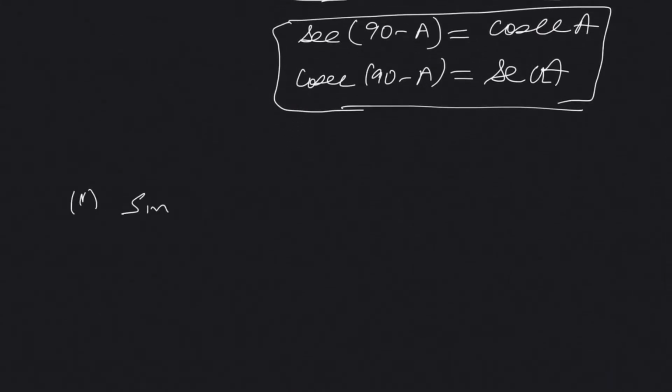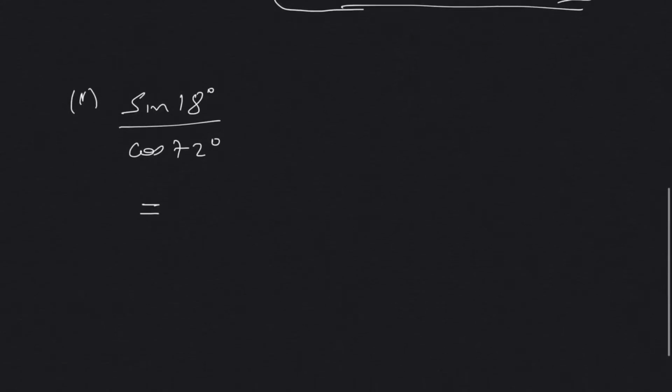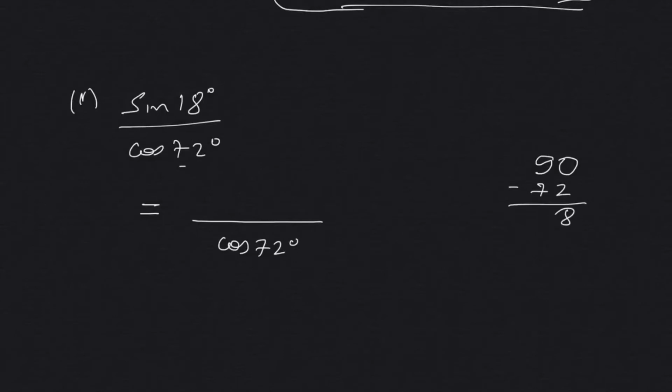Sine 18 degrees divided by cos 72 degrees. So how do we solve this? It's very simple. You can keep the cos 72 as it is, and now what is 18? If you subtract 72 from 90, it will give you 18, right?